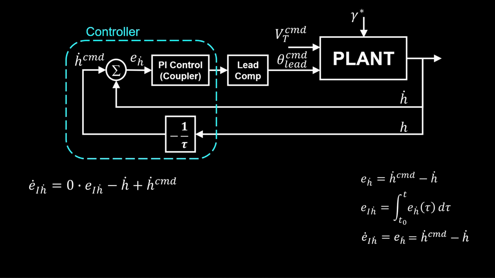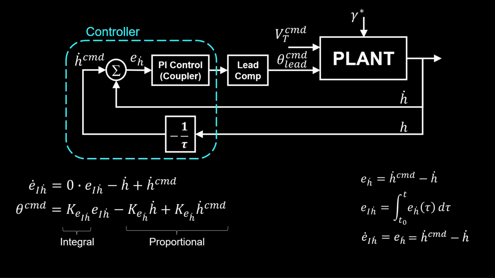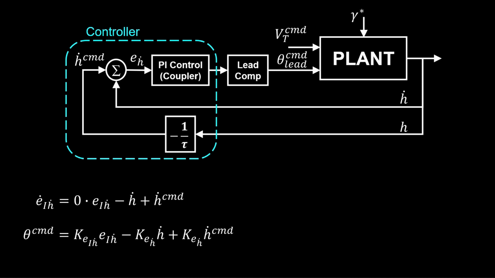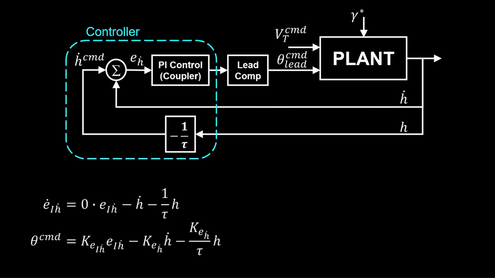With this, we form the output model containing the integral and proportional components of the controller. Now, to connect with the plant output, we substitute h-dot command into our controller. We can now see the dynamic controller receives the plant feedback signals only. Achieved altitude, achieved altitude rate.